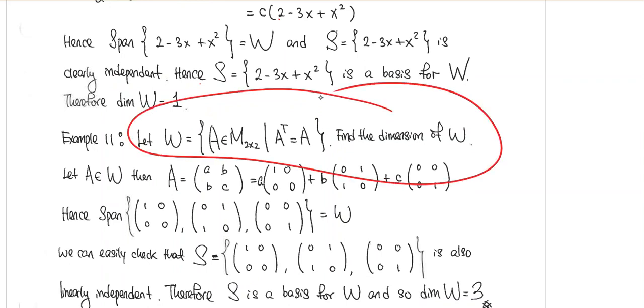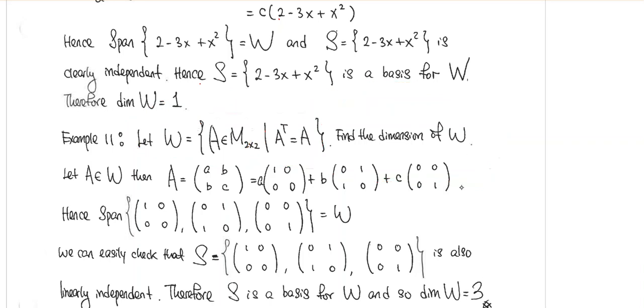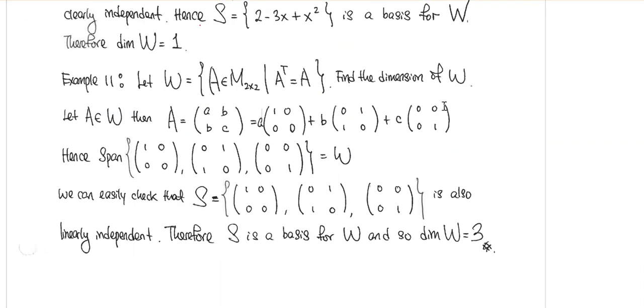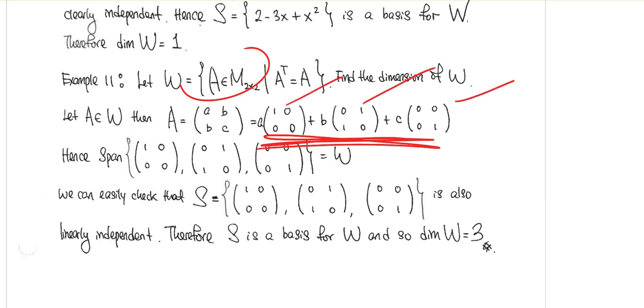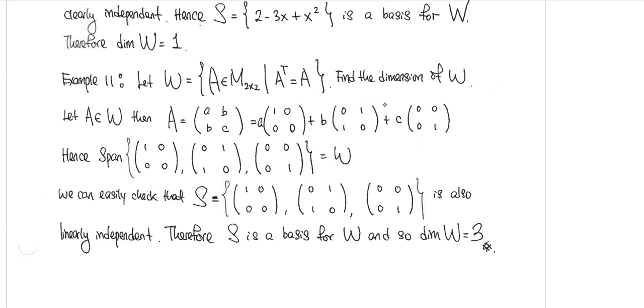So for example, what is a basis for this vector space, which consists of all the 2 by 2 matrices that are symmetric? Symmetric means A transpose equal to A. And we already talked about this, but again, if you try to find a basis, you will see that everything in this set has to be written as a linear combination of these vectors. So in fact, we can verify the span.